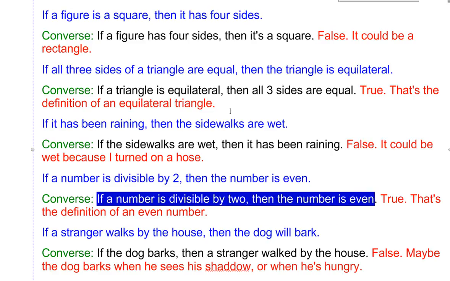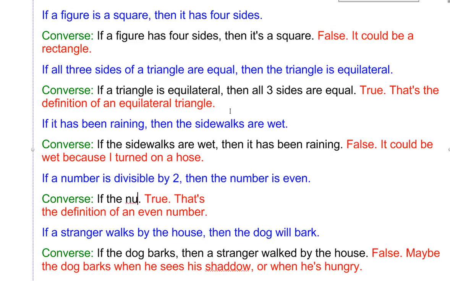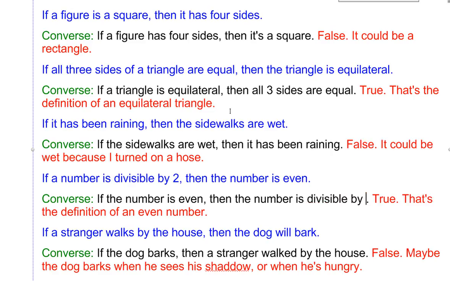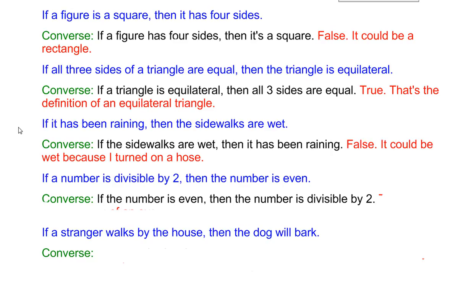The converse is, if the number is even, then the number is divisible by 2. That is the converse. That is true because that is the definition of an even number, a number that is divisible by 2. That is the definition. So that is true.